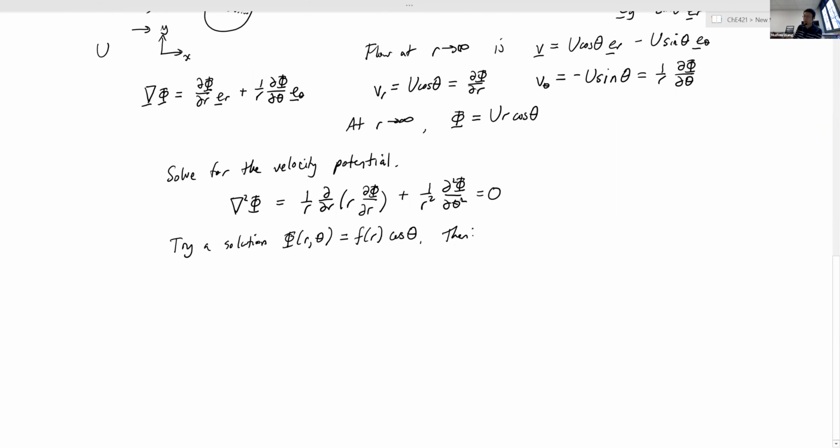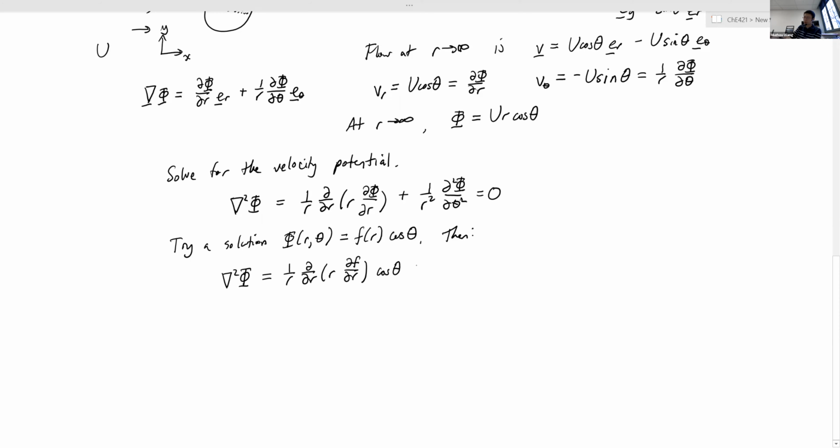Then what we get is del squared phi is now equal to 1 over r d by dr of r times df dr now. And the cosine of theta can come out, right? Because these derivatives are only with respect to r. We can do something similar over here.